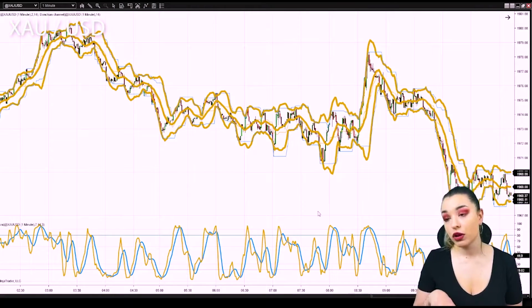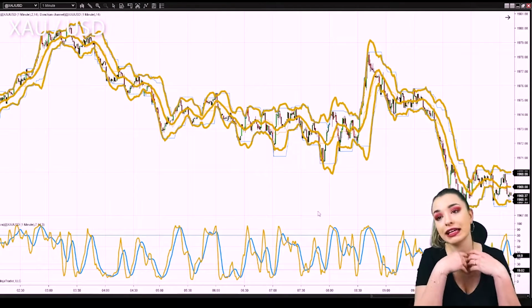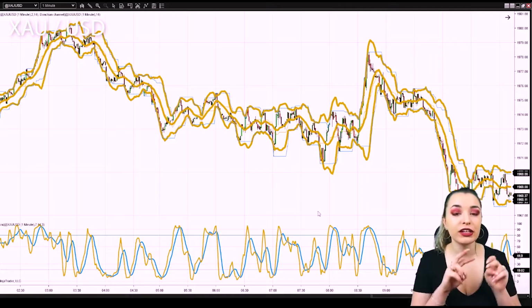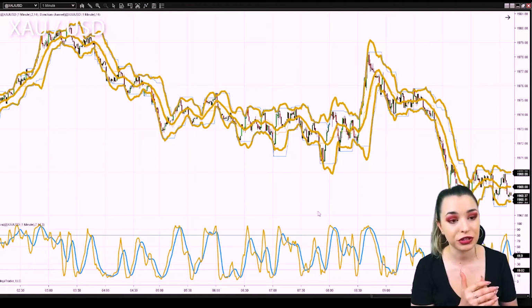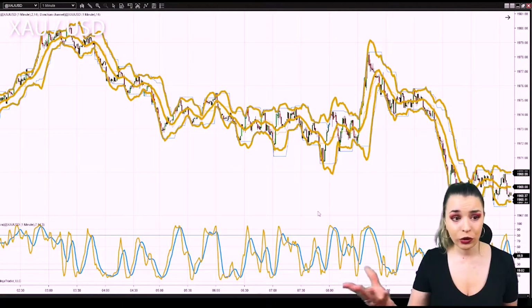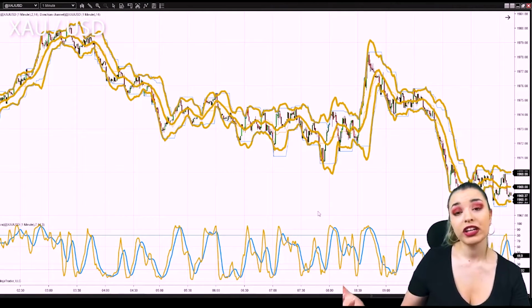What you're seeing on screen right now is just a sample of a traditional candlestick chart that is used by 95% of the retail traders that have no idea what they're doing, especially to a deeper extent. Don't get me wrong, there are retail traders out there who are still making some really good trades.